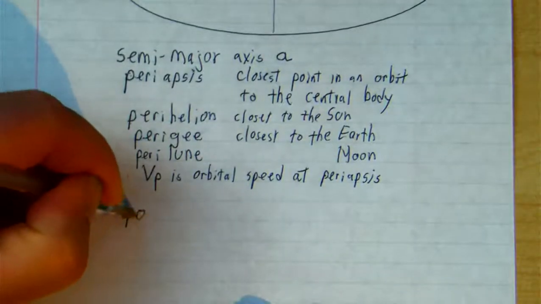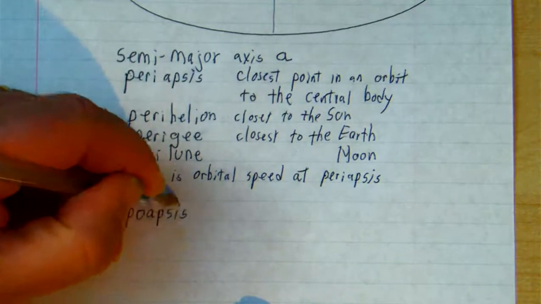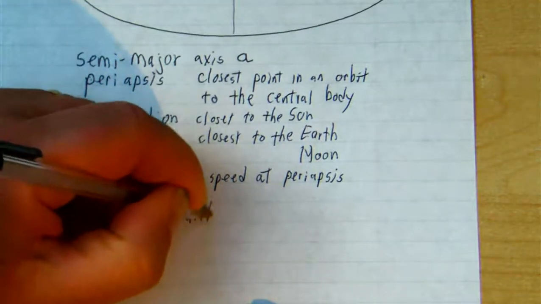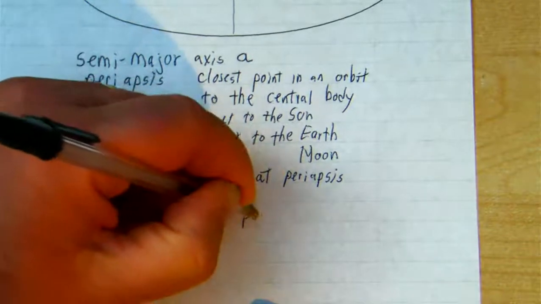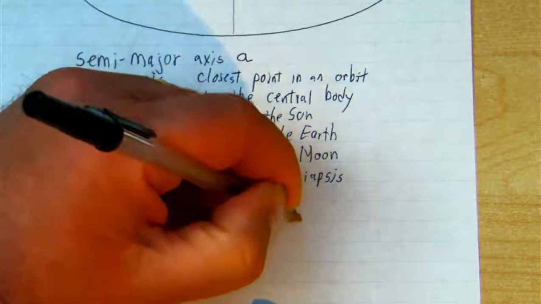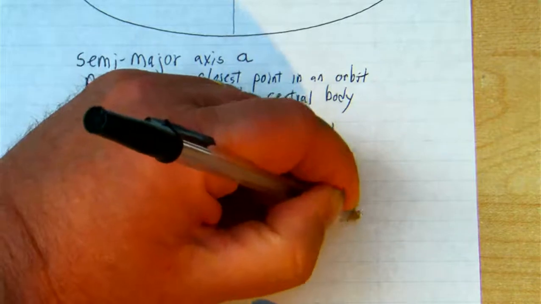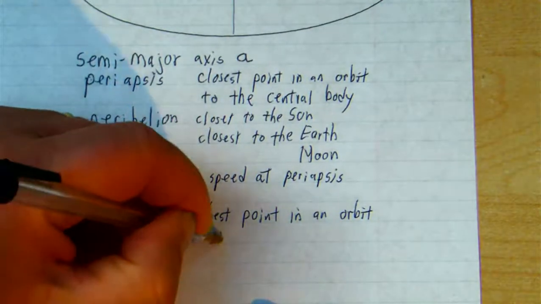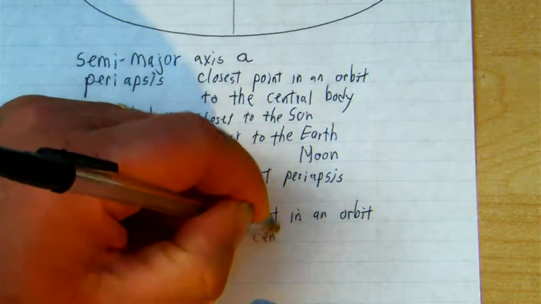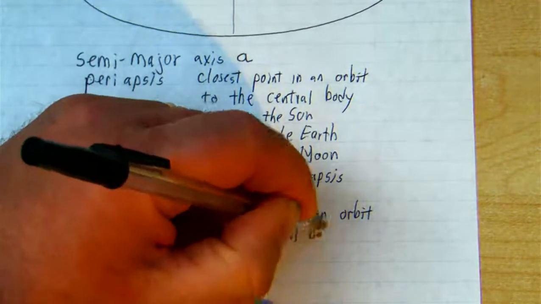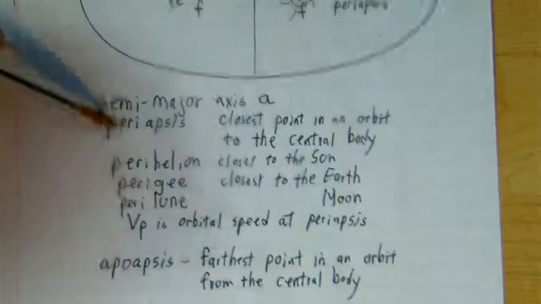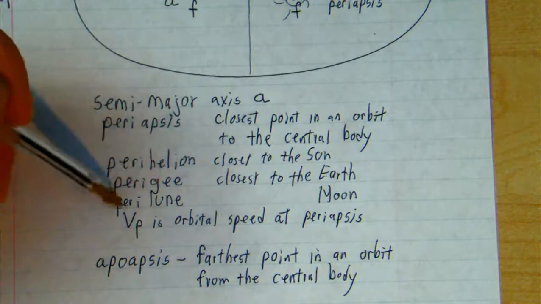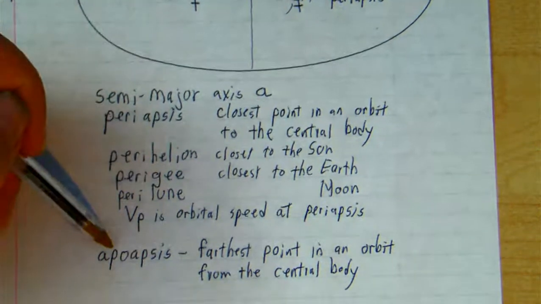So apoapsis, also from Greek roots, means farthest point in an orbit, and yes, from the central body. And just like perihelion, you could call it aphelion, apogee, apolune, generically apoapsis.